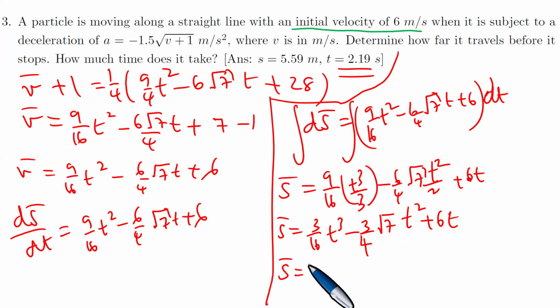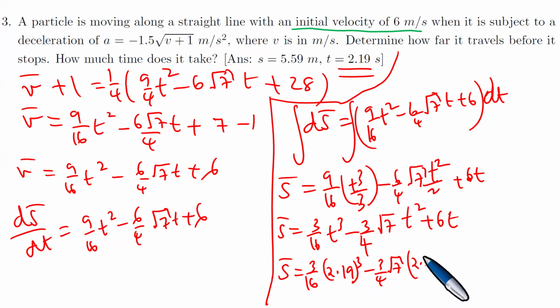All right. It's just some little problem here. So now, if we put t equals this one, we have 3 over 16, then you put 2.19, you cube it. Minus 3 over 4 times the square root of 7, you put 2.19, you square it. Plus 6, and then you put 2.19.